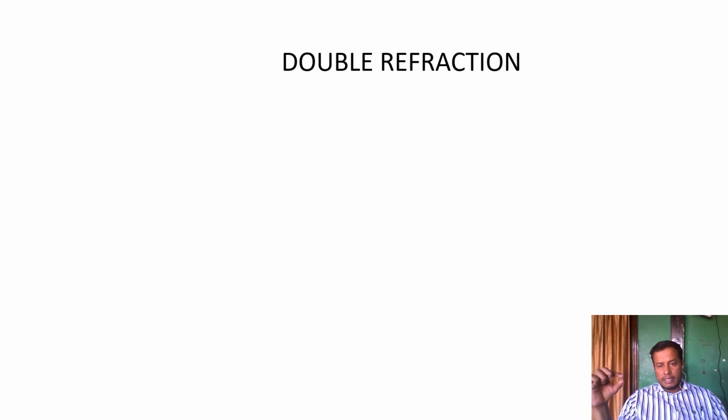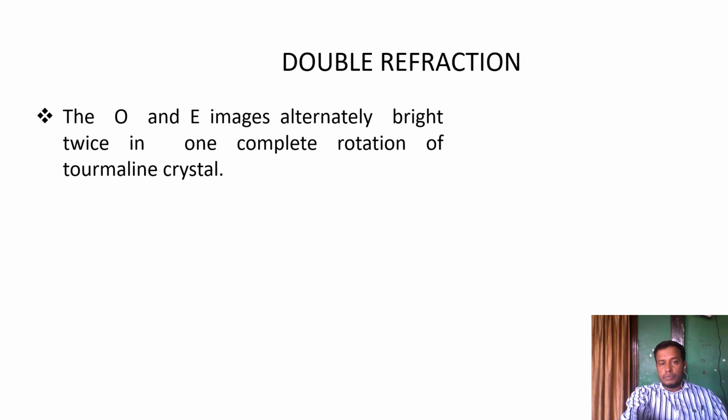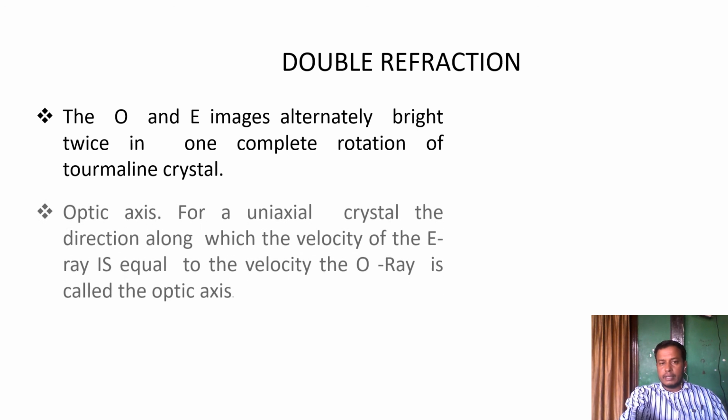Why is the ordinary ray constant? When the crystal is rotated through 360 degrees, the ordinary and extraordinary images each become bright two times, because of the plane polarization property, when they are passed through a tourmaline crystal.